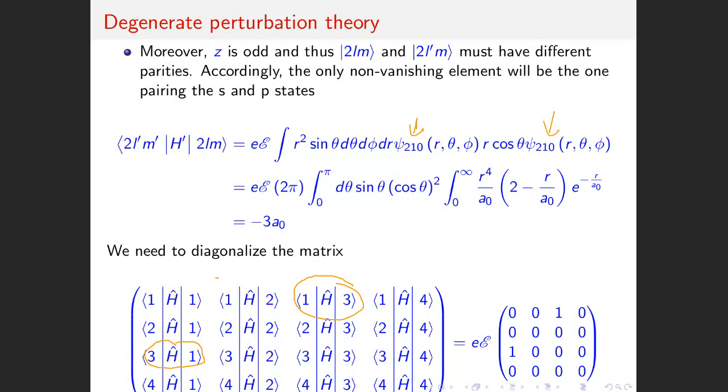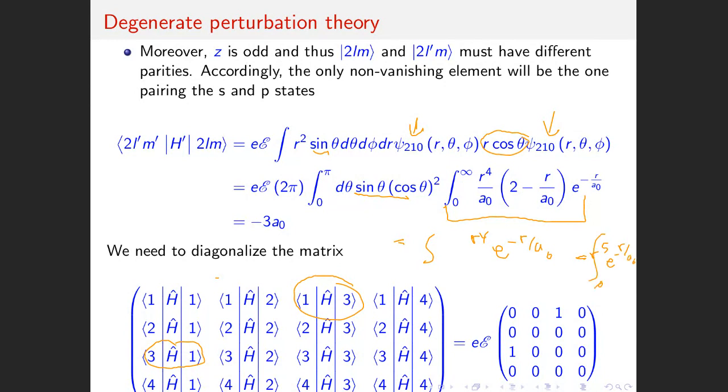So the integral you get is r cos theta with r, and this integral you can do. Then the remaining integral that might be difficult to do was this one. This one you can split: I get r to the 4 e to the minus r over a0 minus r to the 5 e to the minus r over a0.